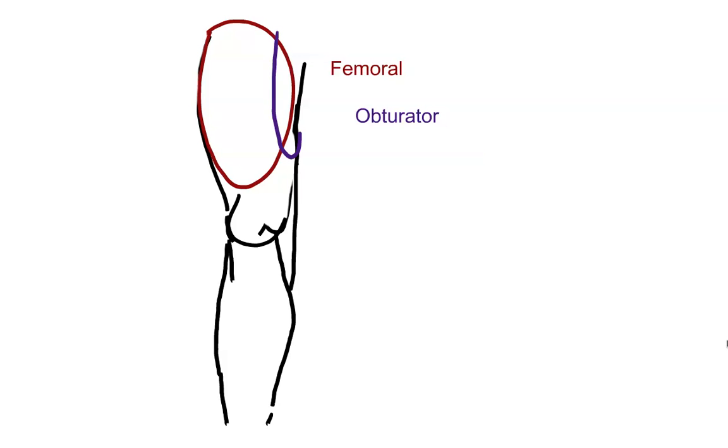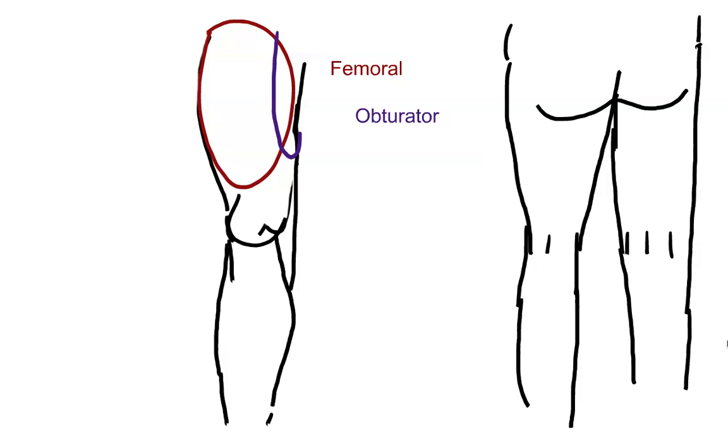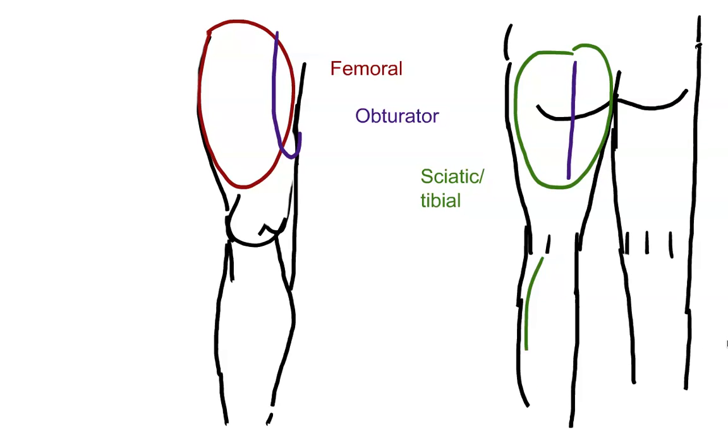The femoral nerve supplies the anterior part of the thigh. The obturator, the medial, corresponding to the compartments that they travel through. Posteriorly and through the posterior compartment, the sciatic nerve is divided into the tibial part, which supplies the upper posterior part of the thigh, and the leg, and the common fibular nerve.